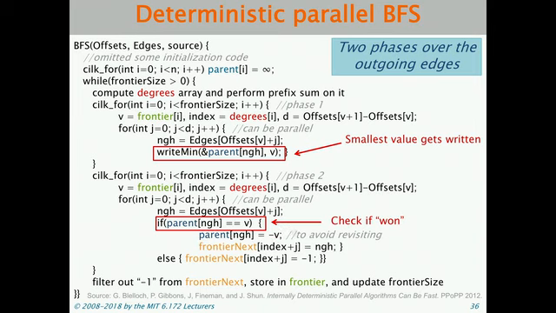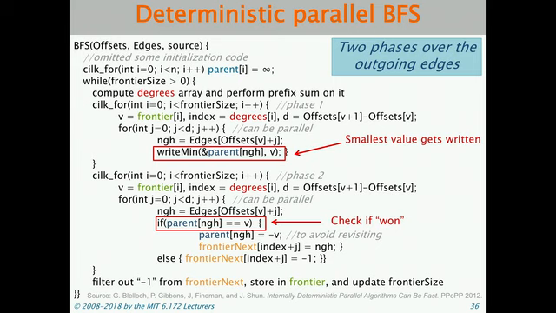This is just a minor detail. It's because when we're doing this write-min operator, we could have a future iteration where a lower vertex tries to visit the same vertex that we already explored. But if we set this to a negative value, we're only going to be writing non-negative values to this location. So the write-min on a neighbor that has already been explored would never succeed.